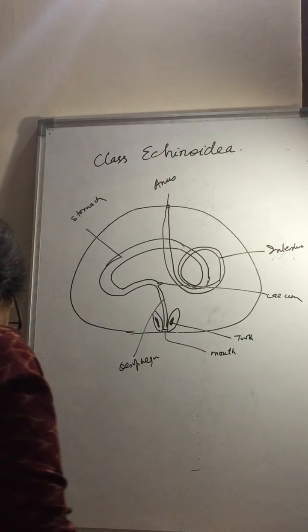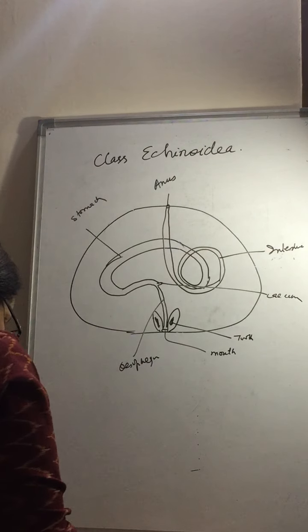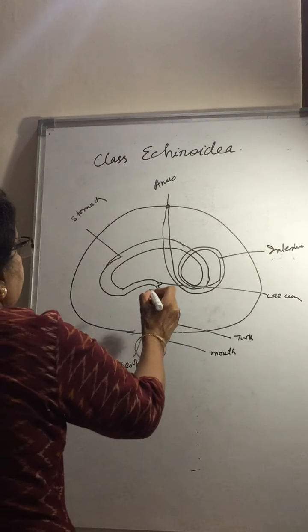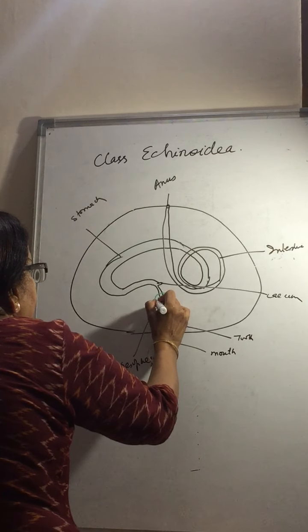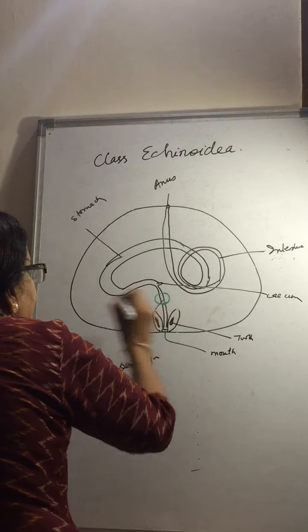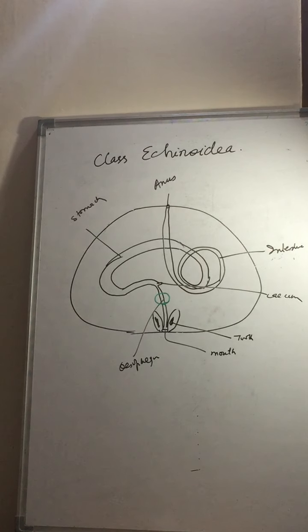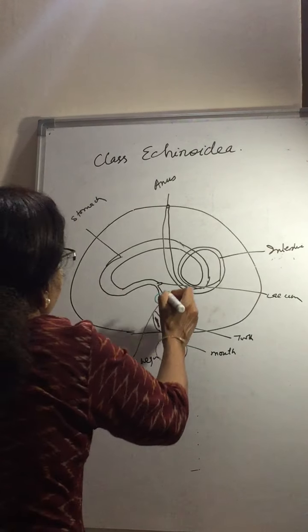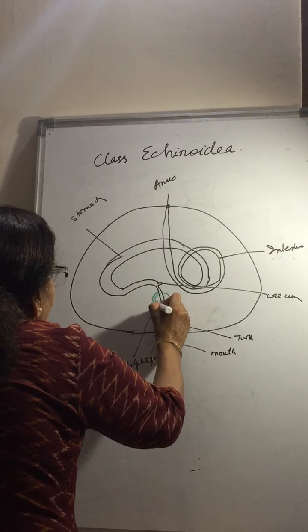So now surrounding the esophagus, the ring water canal is there. So now this is the ring water canal.